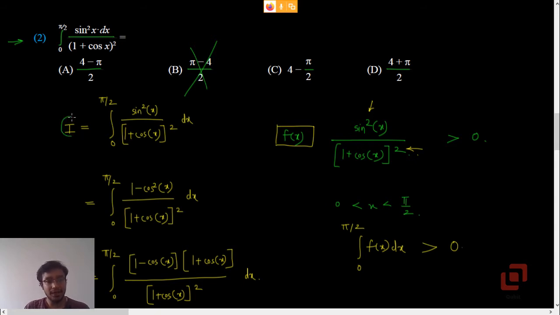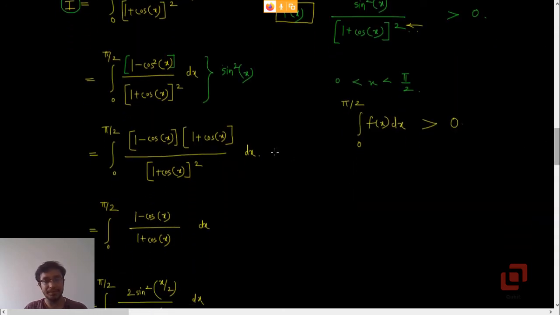Write down the given integral as usual. Let's call it I. Now in this step, what I have done is I have used the identity sine squared theta plus cos squared theta equal to 1, and I have replaced sine squared x by 1 minus cos squared x. Clear? Then in the following step, in the numerator I have used the formula a squared minus b squared equal to (a plus b) into (a minus b).